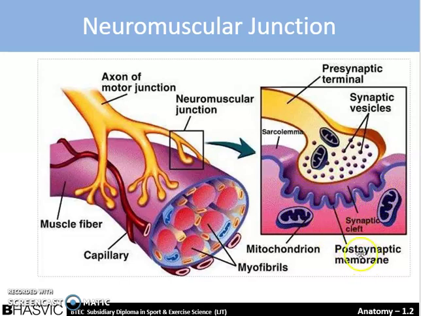This is the postsynaptic membrane to the receptor sites. Once enough ACH reaches across the synapse, the electrical impulse can travel across. This causes a contraction along both sides of the fiber.